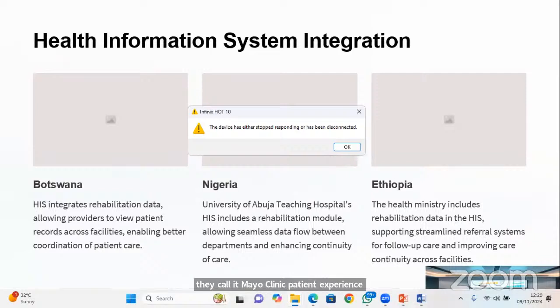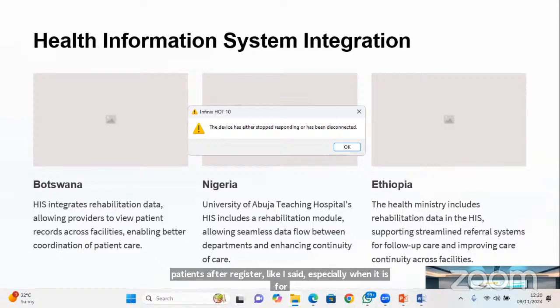What they do is make sure patient feedback is incorporated into their activities via taking surveys to look at patient satisfaction, conducting focus group interactions with patients, and making specific follow-up calls to patients after discharge, especially for long-term outcomes, right?